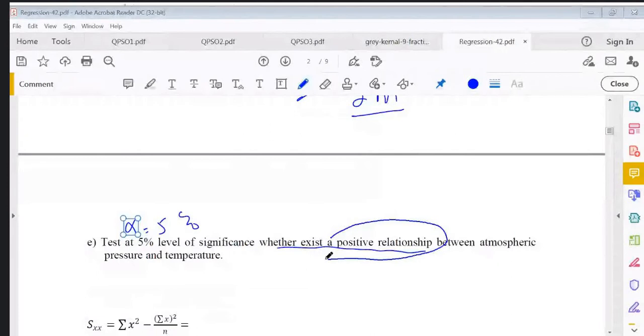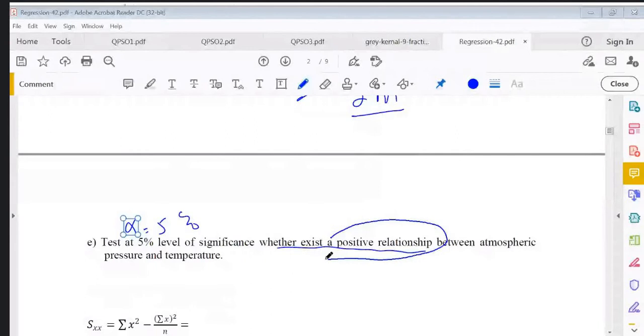The hypothesis is H0: beta is 0, against H1: beta greater than 0, since it is positive. For this one, we must use the T statistic.